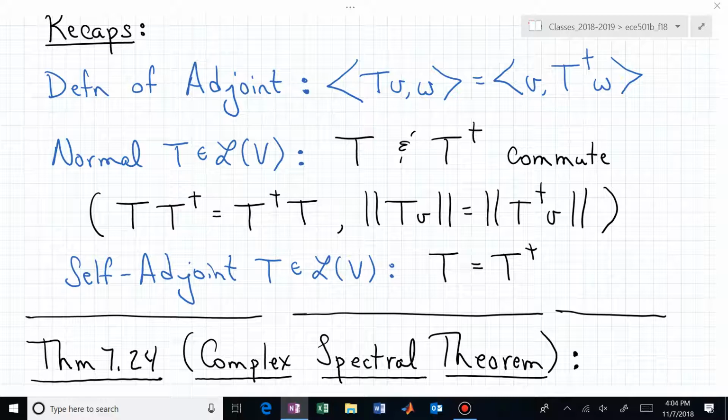Given any vector v, the norm of Tv is equal to the norm of T dagger v if that operator is normal. And we also have an operator being self-adjoint. That means that T is equal to its adjoint.